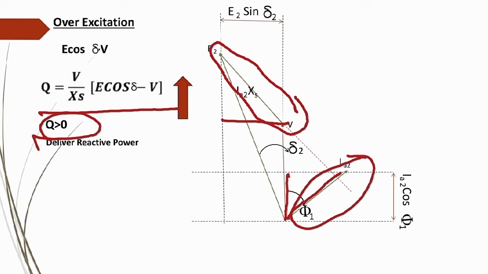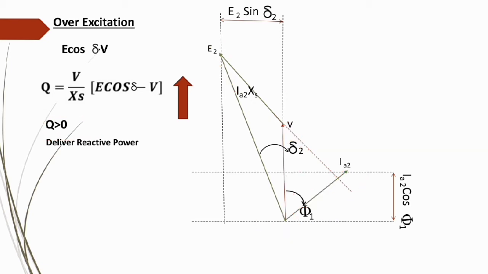So through this way you learn that when we go from the normal excitation to over excitation, the load angle will decrease. The power factor angle will increase and power factor will decrease, and the armature current will increase. These things you have noted.